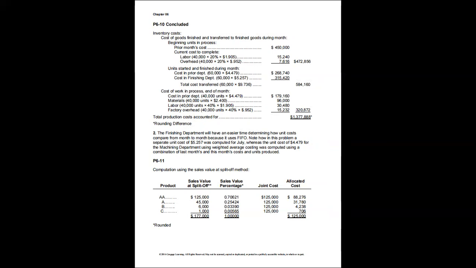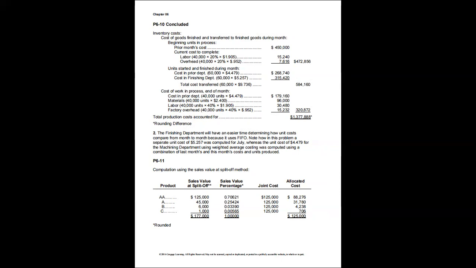Units started and finished during the month, 60,000, and we multiply this by the unit cost of 4.479. The cost in finishing is 5.257. So the total cost transferred is 60,000 times 9.736. So the total cost transferred of 584,160.